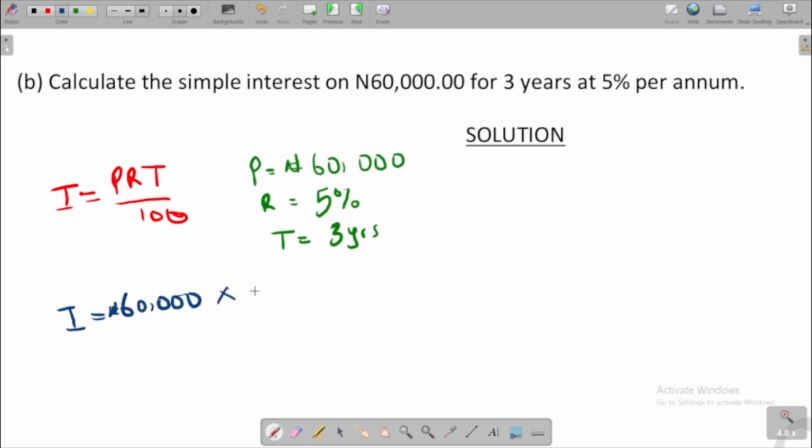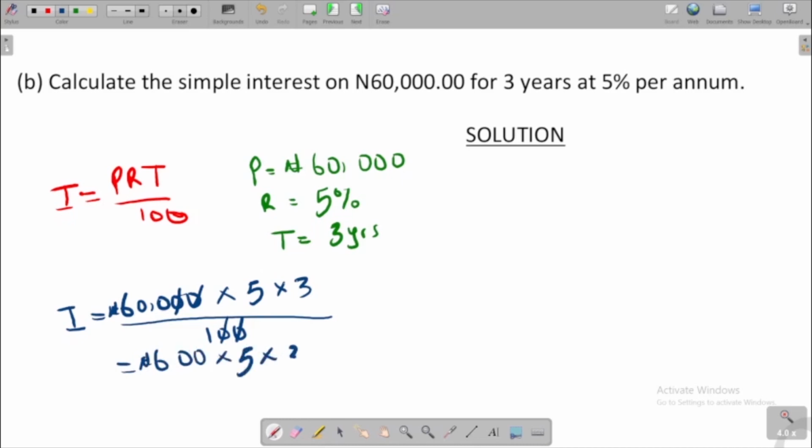Your R is 5, and your time is 3 over 100. So zero cancels zero, zero cancels zero. If you multiply this together using your calculator, you have 600 times 5 times 3.